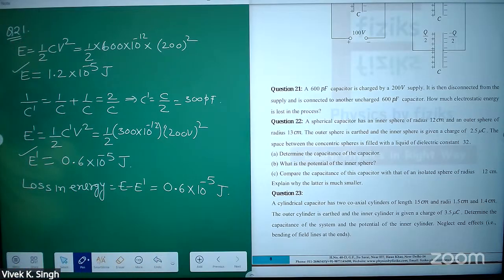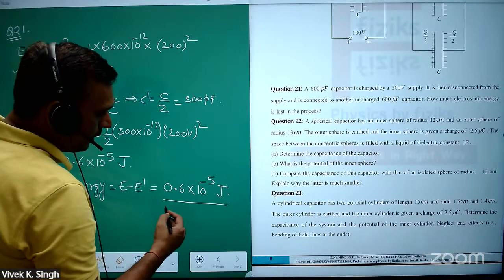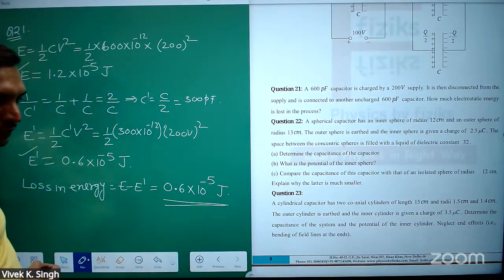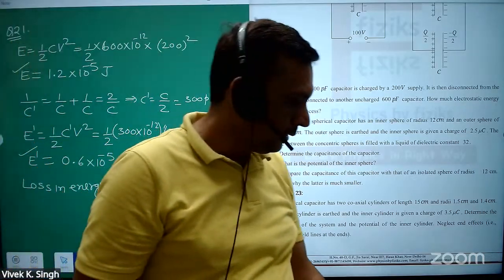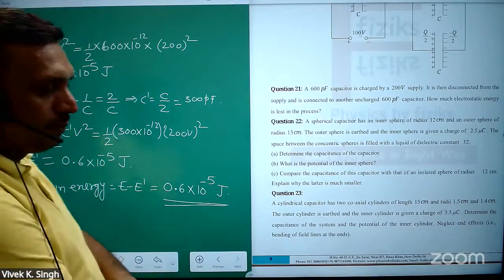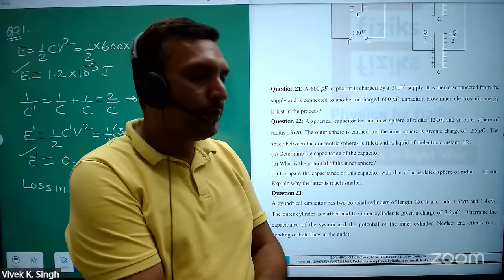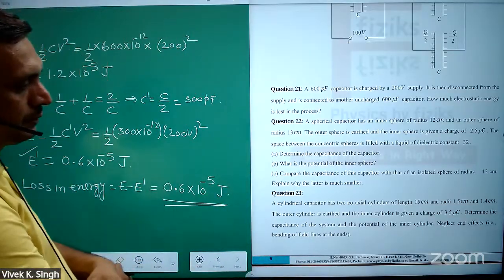This much energy will be lost in this process. Energy lost will be 0.6 into 10 to power minus 5 joules. Clear? So we have taken examples based on parallel plate capacitor, and we have also discussed the properties of conductors.